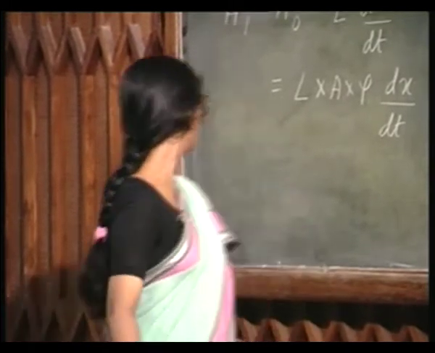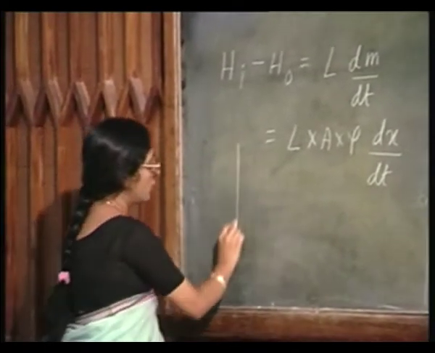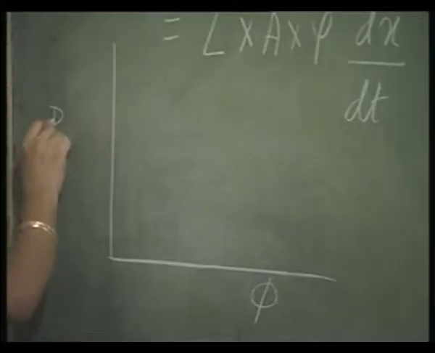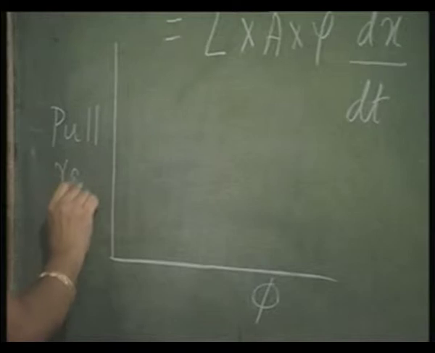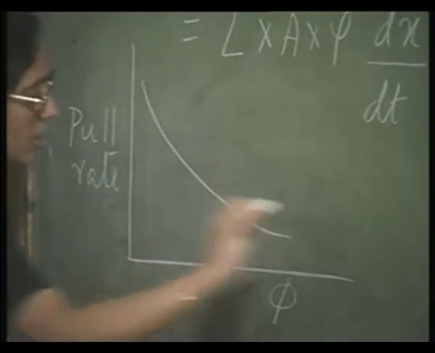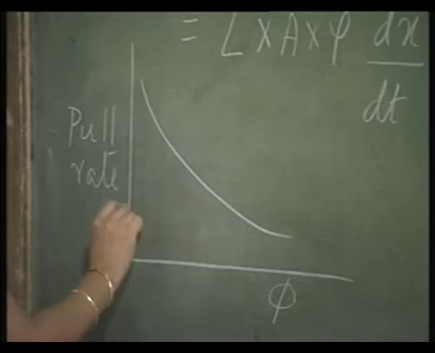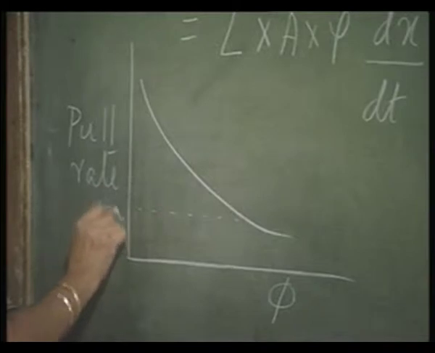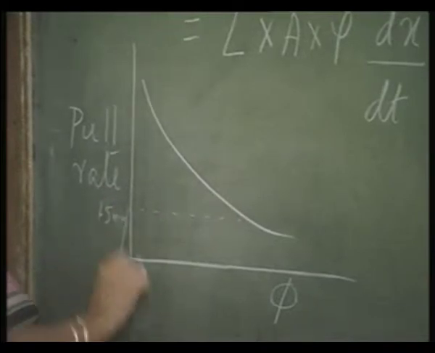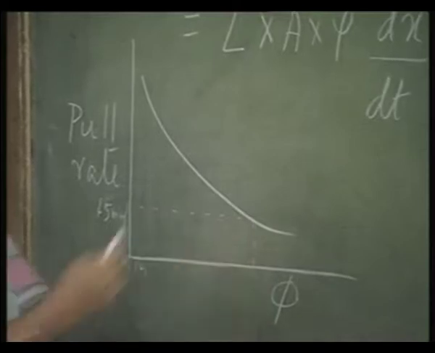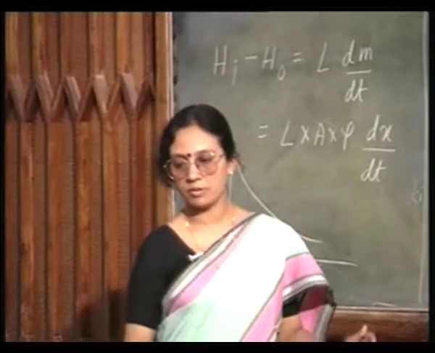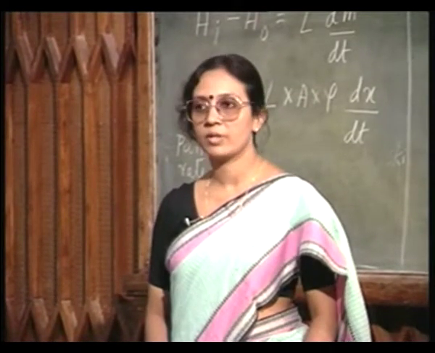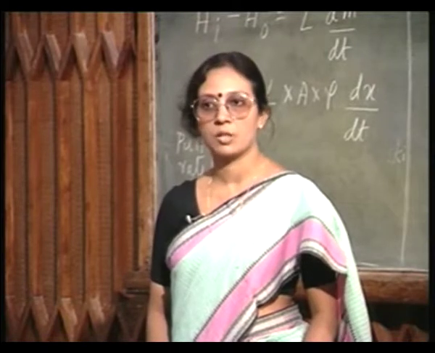In fact, the pull rate you can plot, if this is the diameter of the crystal and if this is the pull rate, it actually varies something like this, and this is about 1.5 mm per minute when the diameter is about 75 millimeters. 75 millimeter, that is about 7.5 centimeter, that means about 3-inch diameter wafer.